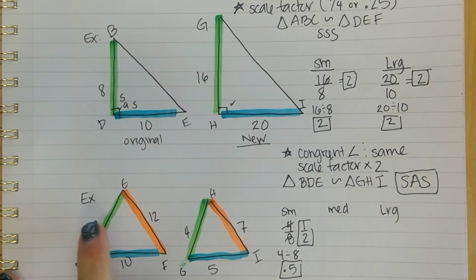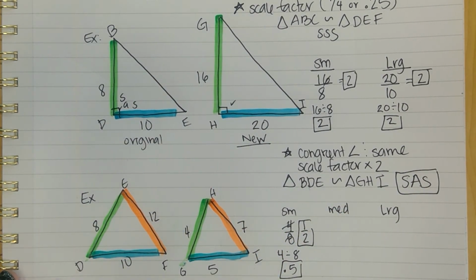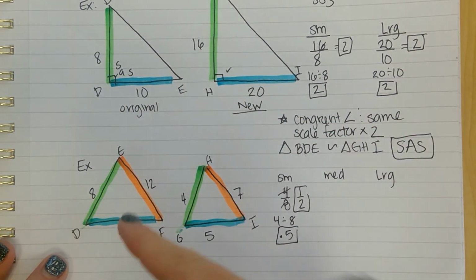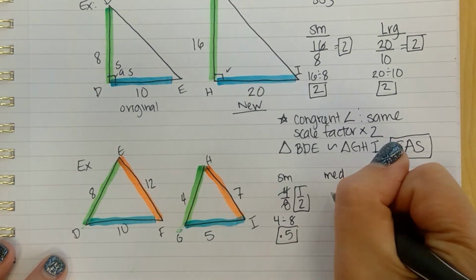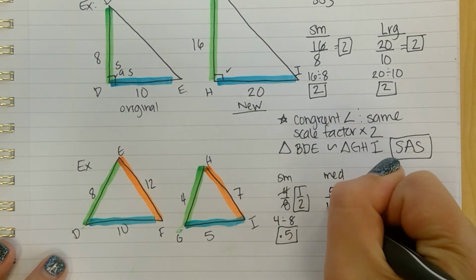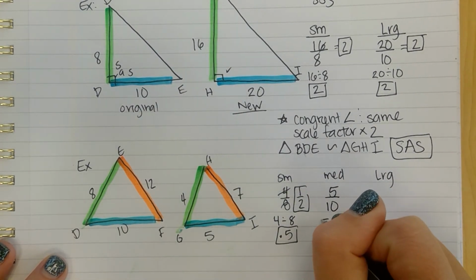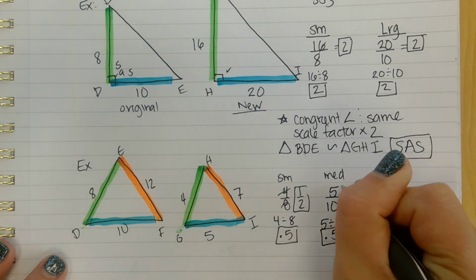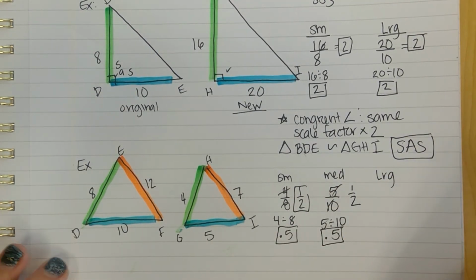So the scale factor from the green to the green is 1/2. When I check the medium, 10 to 5, my new scale factor is 5 over the original 10. 5 divided by 10 is 0.5, and that is 1/2.